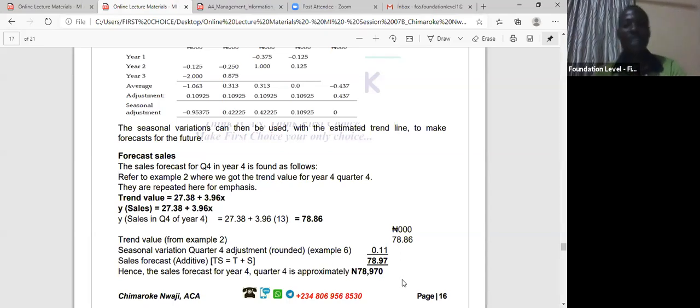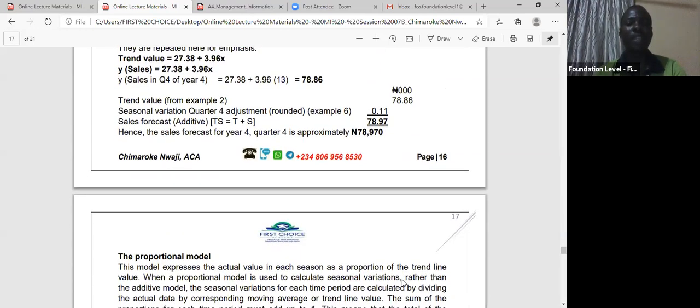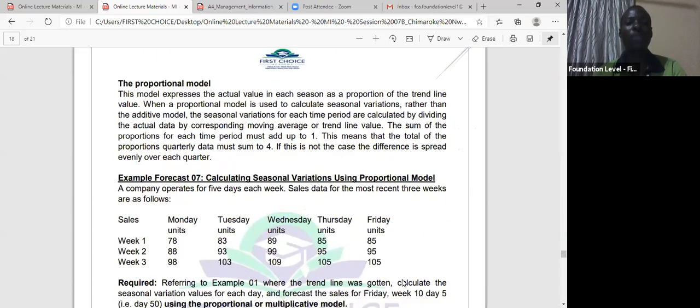Okay, now that we've seen seasonal variation additive model, let's get to the proportional model. The proportional model is the multiplicative model. Now, this multiplicative model, like the name implies, you have to multiply.